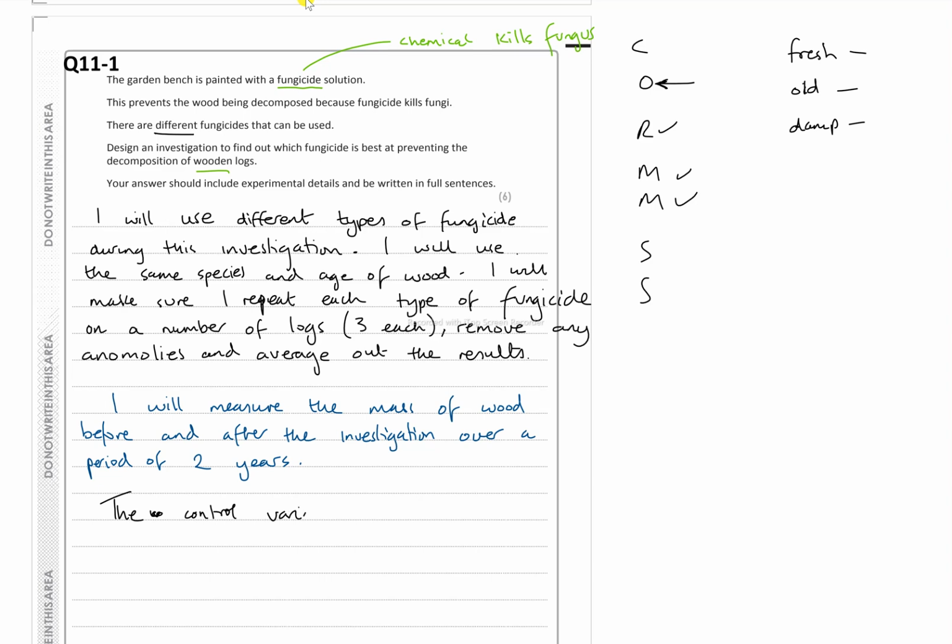The control variables I will control, yeah, are the temperature, the volume, so you keep the same volume of fungicide, not pesticide, fungicide, the same volume of fungicide, sort of oxygen levels, and just the normal moisture levels.